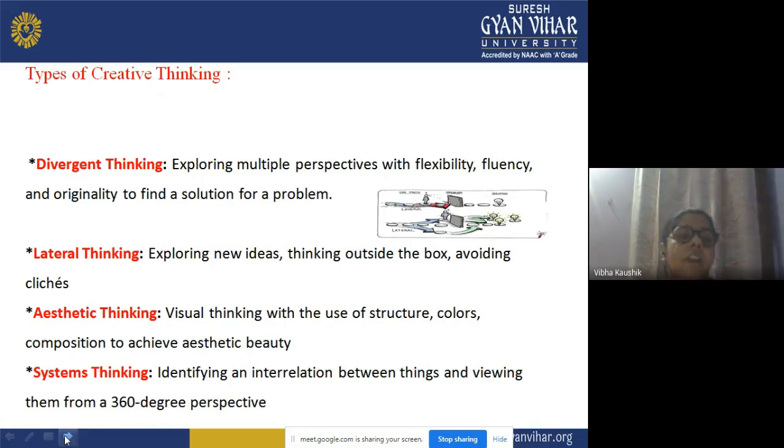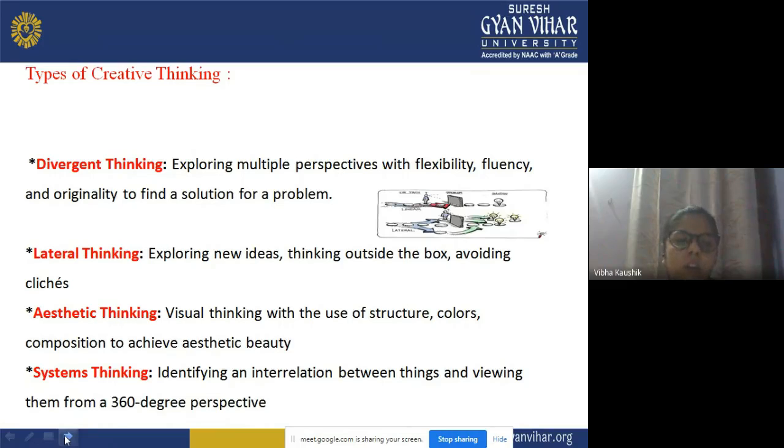There are different ways, and when we are using those different ways, we are saying that we are using creative thinking. The first one is divergent thinking. Divergent thinking is totally different from convergent thinking. When we are talking about divergent thinking, we are thinking in a different manner, thinking of different solutions to a problem.